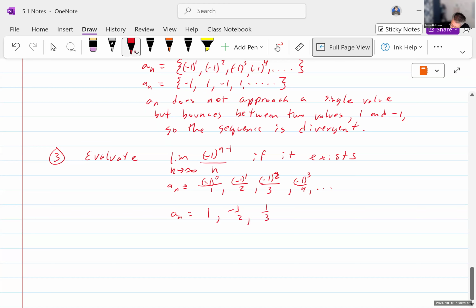Then this becomes +1/3 because it's squared, and then it's -1/4, and so on.